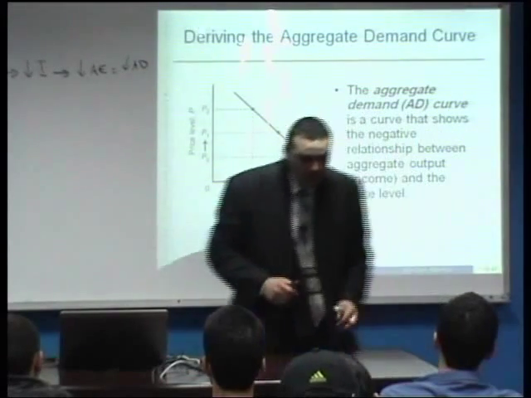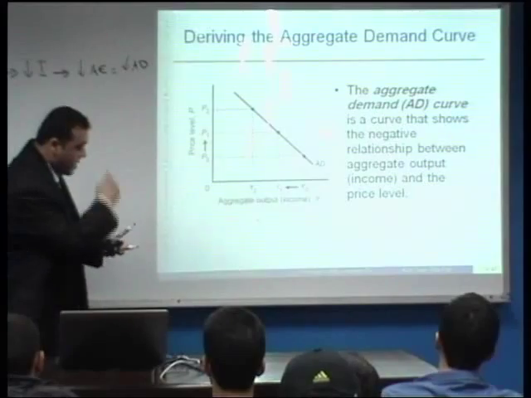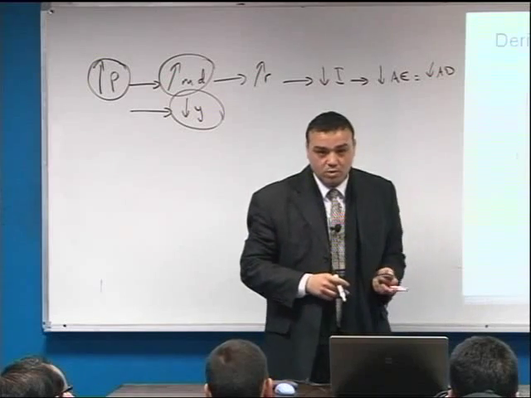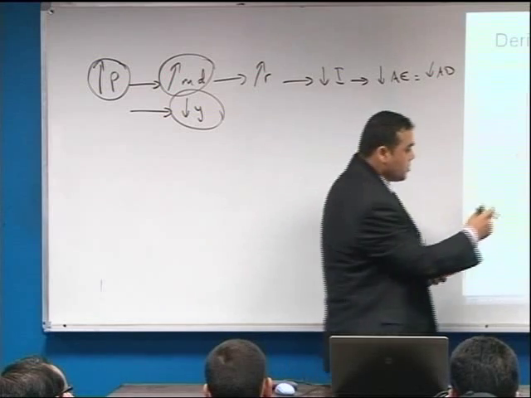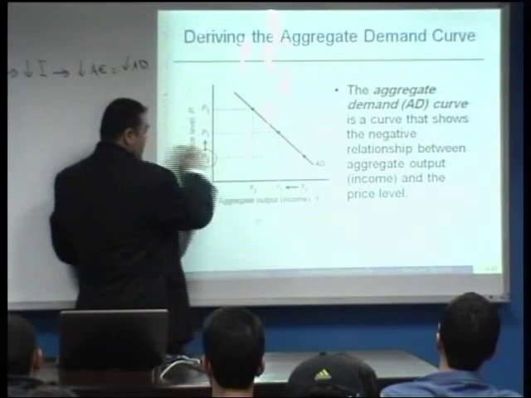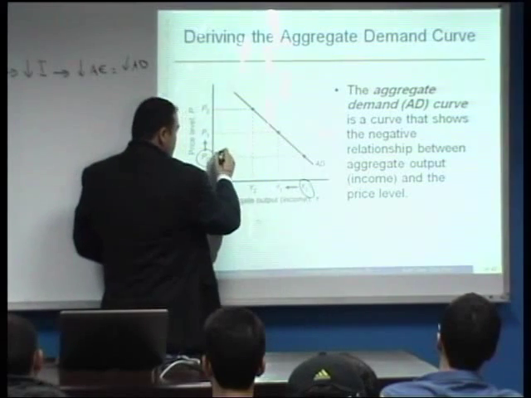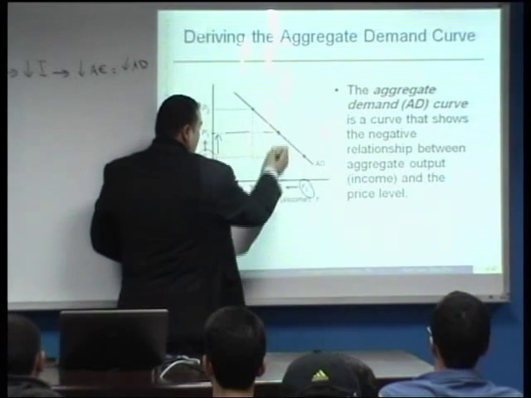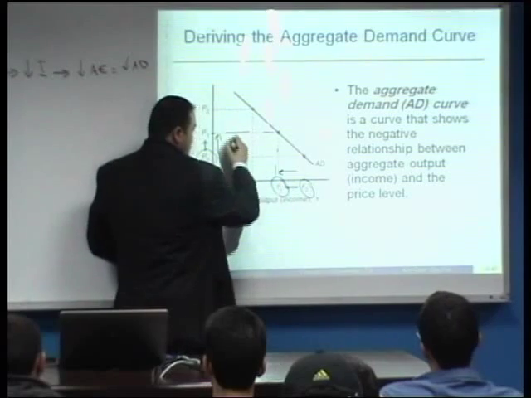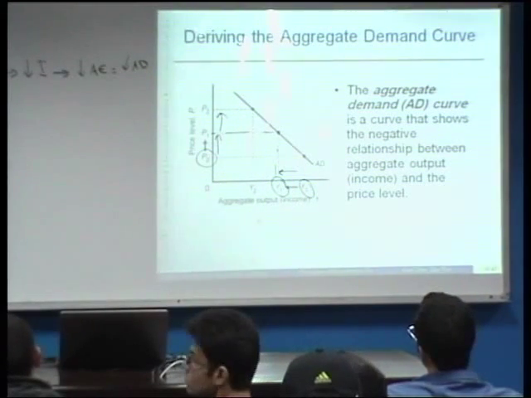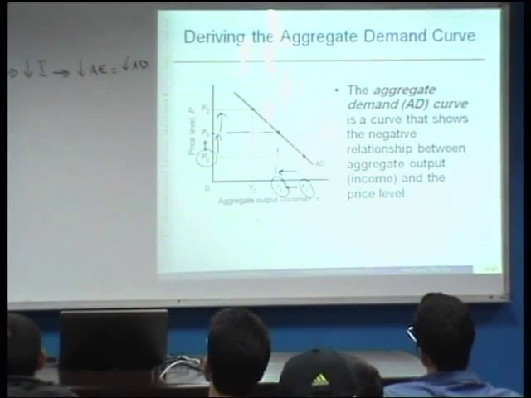So you can see that the aggregate demand curve has a negative slope. Correct? So suppose this is the price at P1. We have Y0, P0. Increasing the prices leads to a decrease in Y to Y1, and so on. Right?